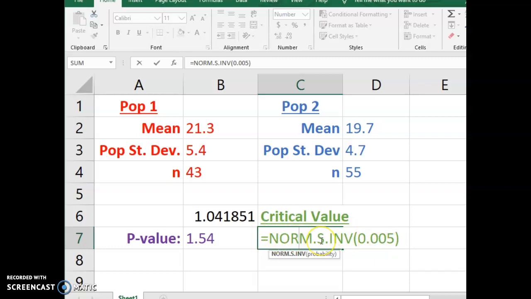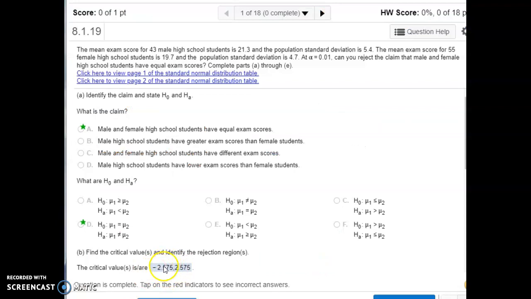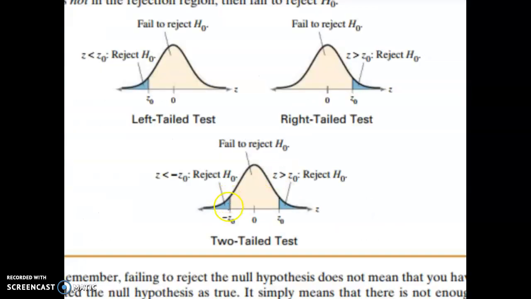We use this formula in Excel, which gives us the critical value associated with 0.005 in one of the tails. Then by symmetry, we use those same digits, negative and positive, to get the critical values marking both sides of the distribution, with a total of 0.01 split between the two tails.